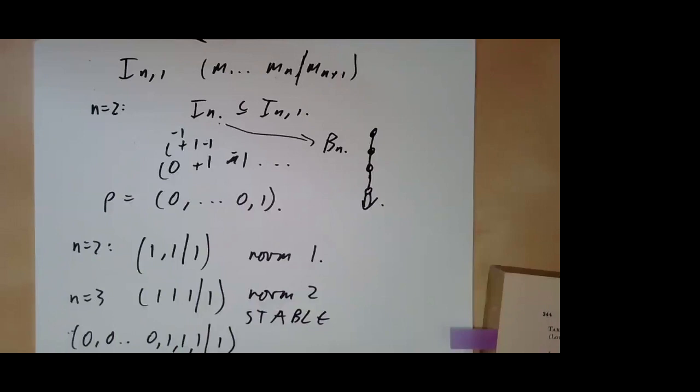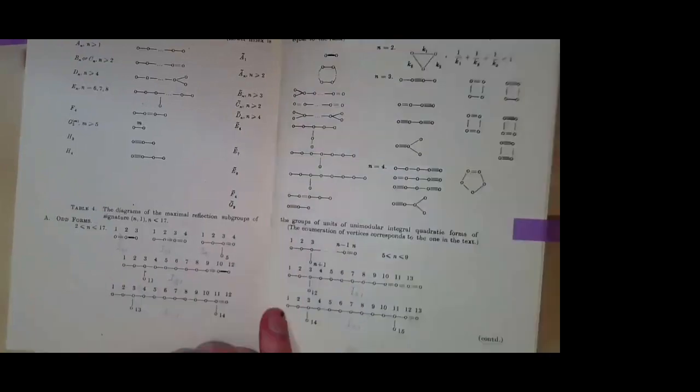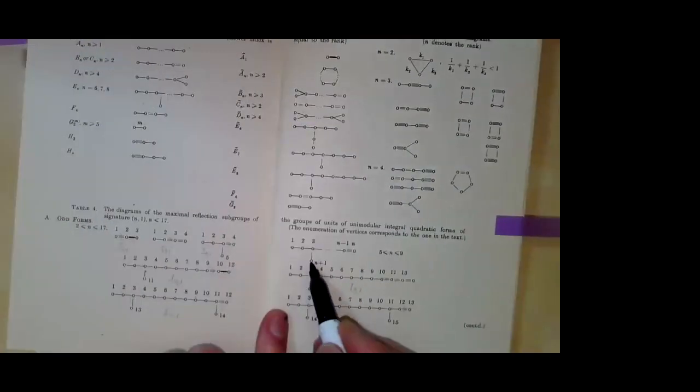Nothing much happens until you get up to about n equals 10. So here he has the vectors with n up to 9, where you're just adding one extra. Here you've got the Bn Dynkin diagram with this one extra vector, which is this vector here.